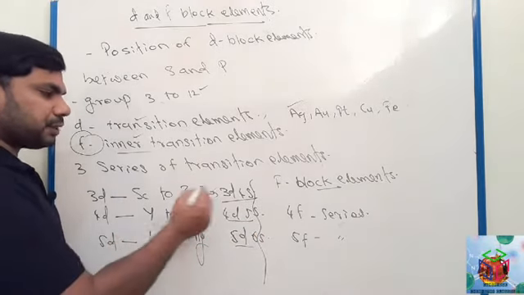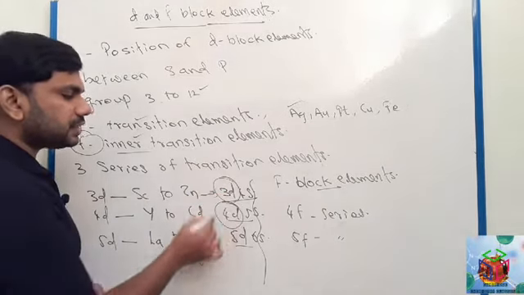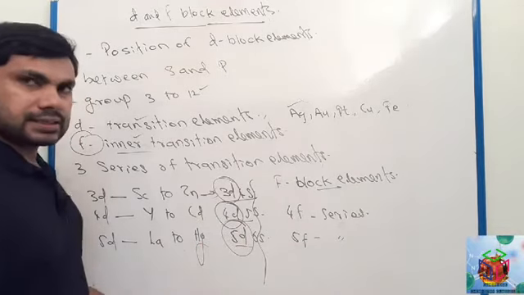That's why the first period of D block elements is called the 3D series, then the 4D series, then the 5D series.